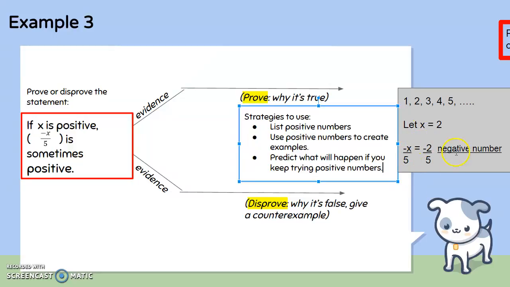If I keep getting negative numbers, then no, I can give evidence that that's false. But if I can find a positive number that I can plug in here and get positive, then I can prove it's true. So think about it. We're going to answer the rest of this question, really come up with a convincing argument to prove or disprove it tomorrow using some of this evidence.